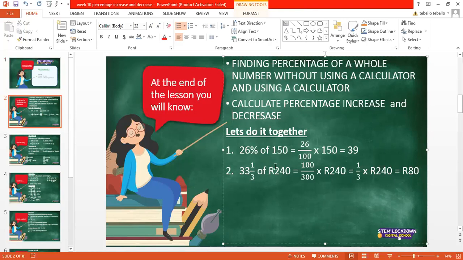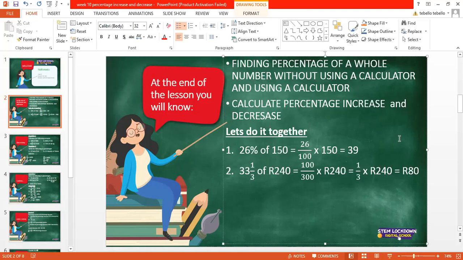So guys, for question 1, let's do it together. So number 1, we have 26% of 150. Guys, this is how you calculate it using your calculator. You would convert this 26% to a fraction and then type it in as your fraction, which is 26 divided by 100 multiplied by 150 equals 39.